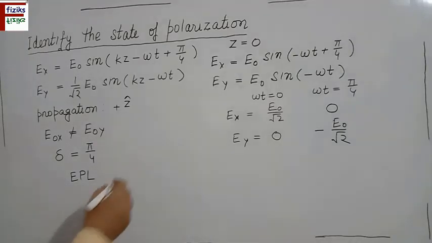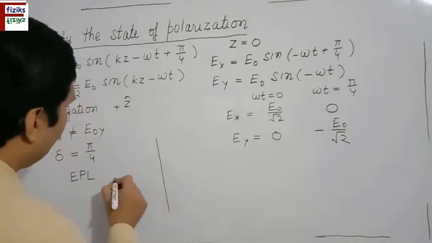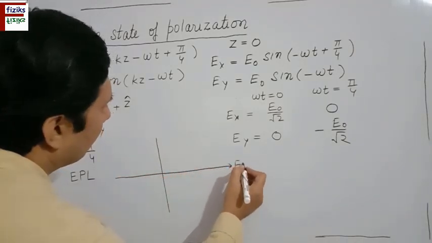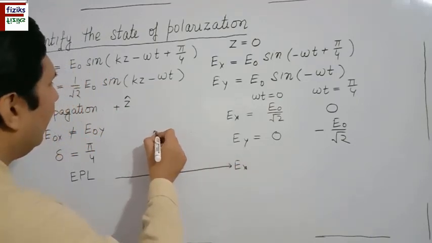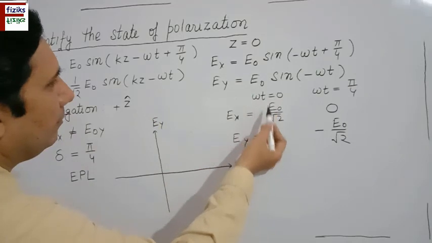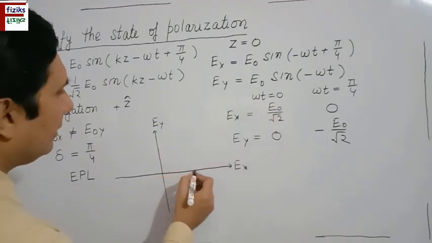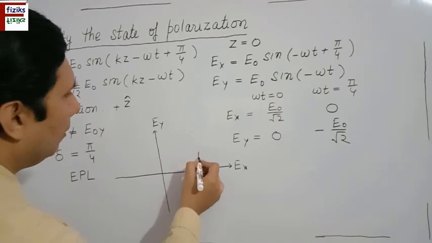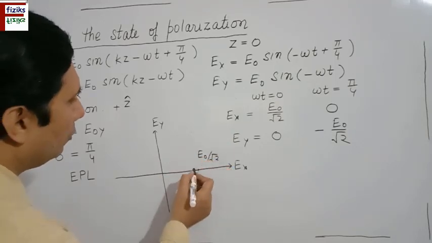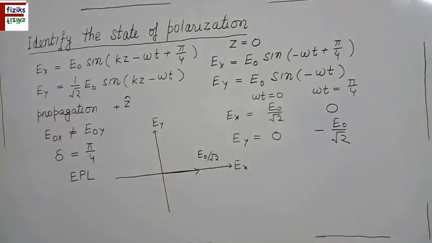Now plot the electric vector on the Ex, Ey plane. So we are drawing two perpendicular axes. This is Ex and this is Ey. At time t equal to 0, Ey is 0 and Ex is, suppose, E naught by root 2. So this is the position of the electric vector at time t equal to 0.